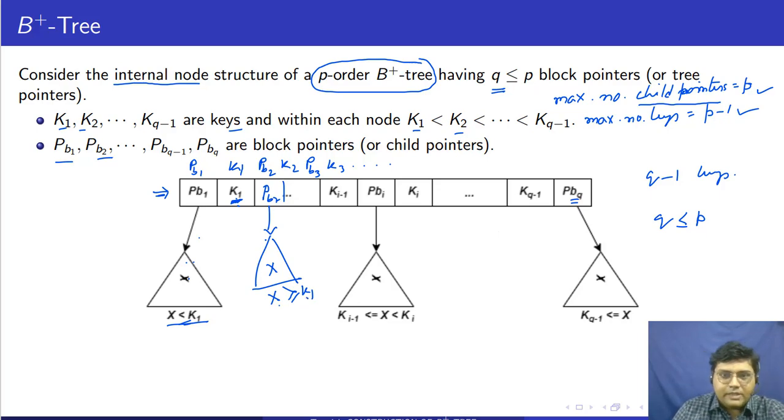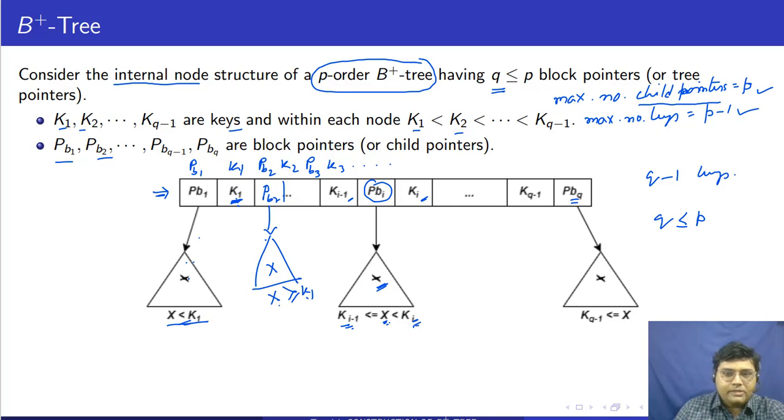If you look at PBi, on the left side of PBi I have a key ki minus 1, and on the right side I have ki. So any key x in this particular subtree should be greater than or equal to ki minus 1, because it is on the right side of ki minus 1, and it should be less than ki.